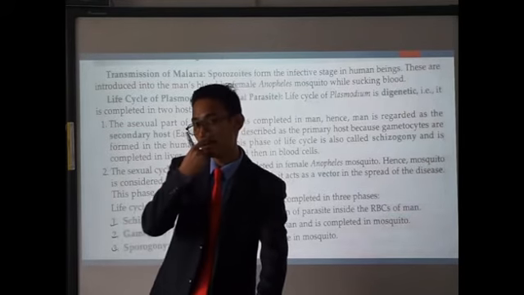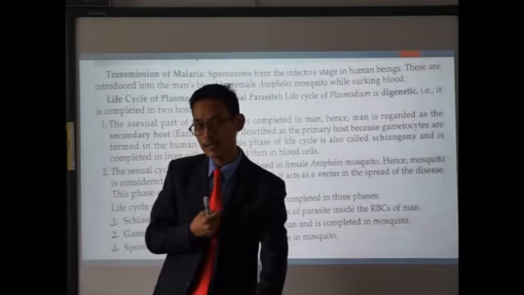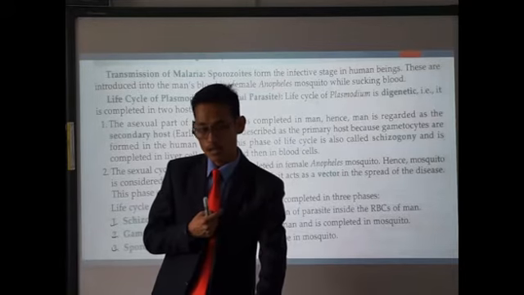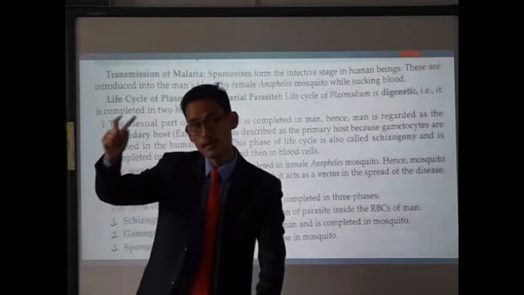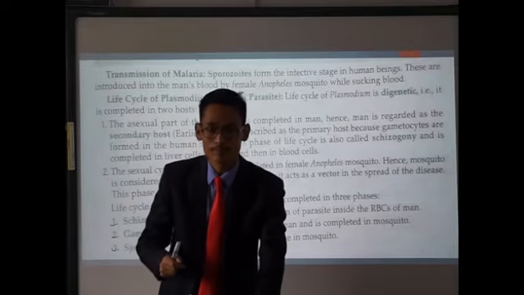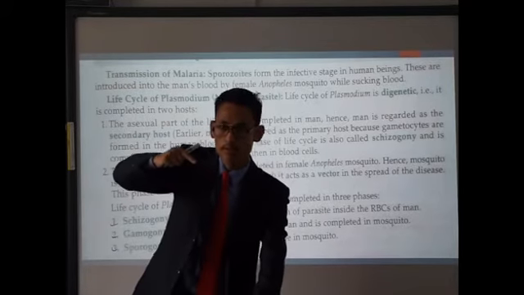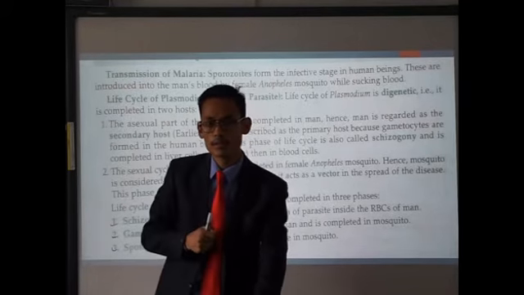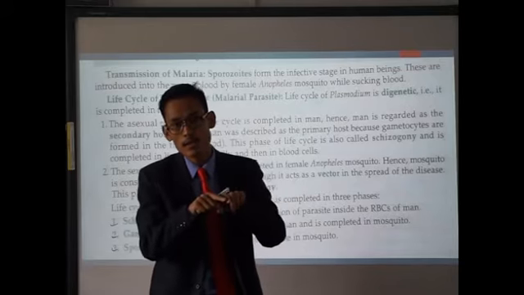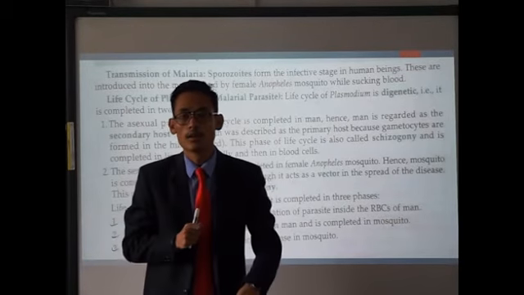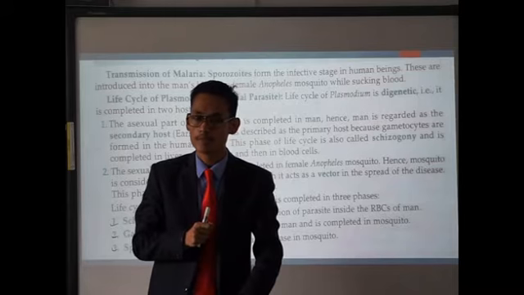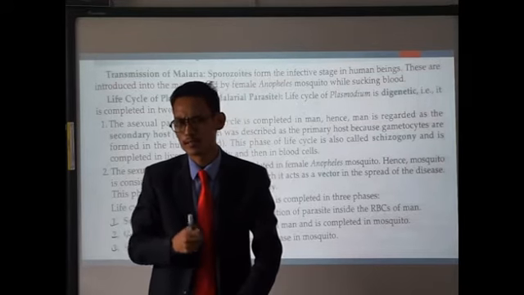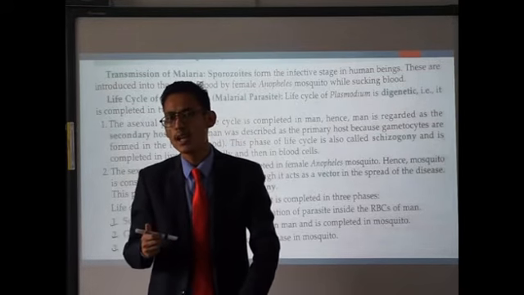But if that mosquito is infected, if that mosquito carries the pathogen, the Plasmodium, and it goes and bites the individual, then when it sucks the blood from that individual, at the same time it will release the Plasmodium into the body of that individual. Now that individual will become infected with Plasmodium and will suffer from malaria.